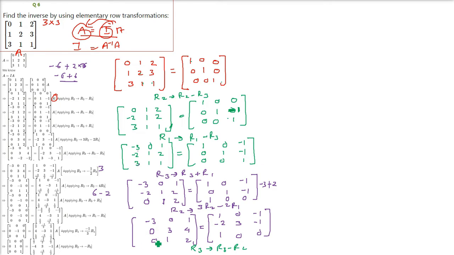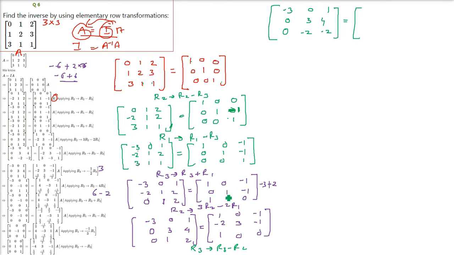So I'll just write it here, and please remember that this has to be done on the right hand side also. Same thing that is on the left hand side should be done on the right hand side. So minus 3, 0, 1, 0, 3, 4, R3 minus R2. So 0 minus of minus 3 is 3. So R3 minus R2: 0 minus 0 is 0, 1 minus 3 is minus 2, and 2 minus 4 is minus 2.